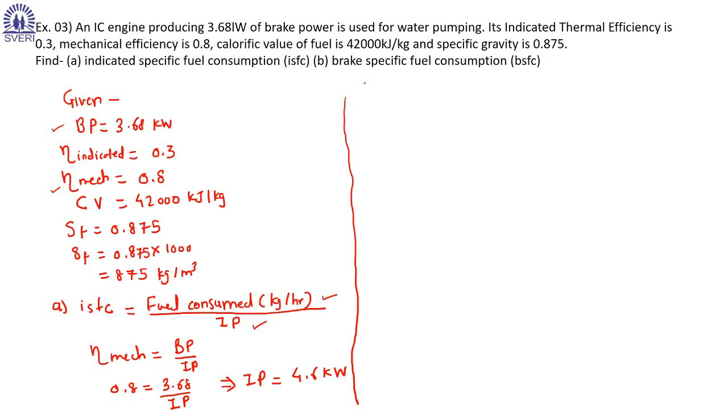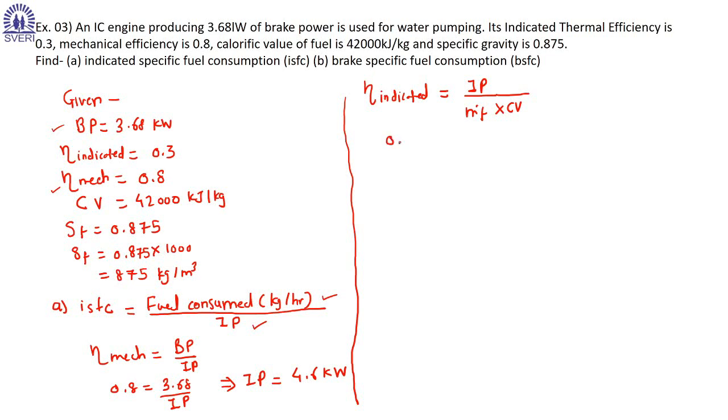So indicated thermal efficiency is equal to indicated power divided by mass flow rate into calorific value. So this is the formula for indicated thermal efficiency. I'll write the given values.